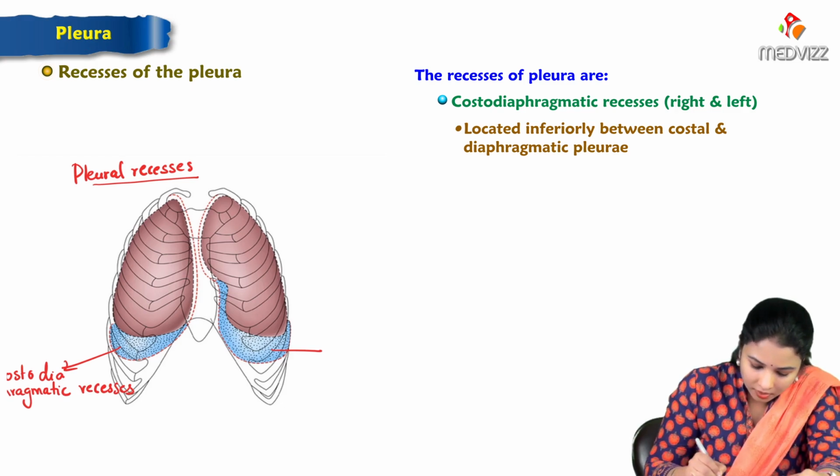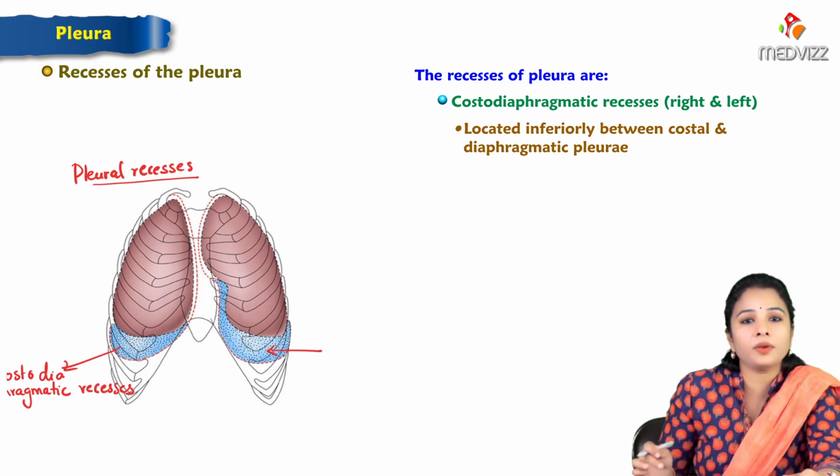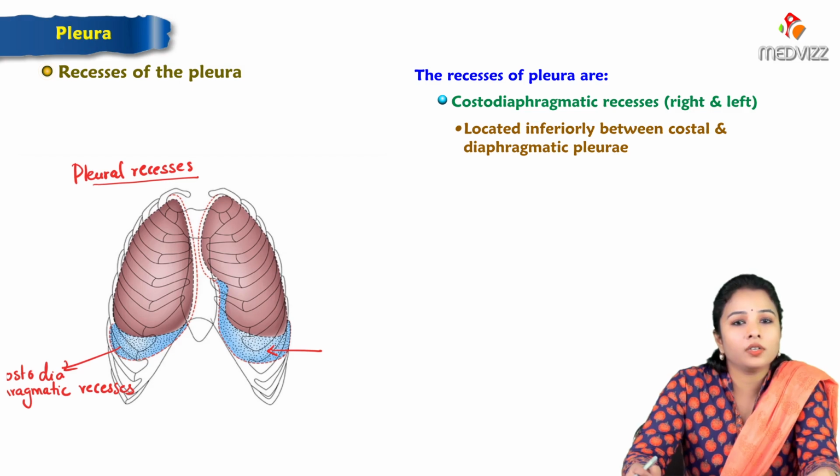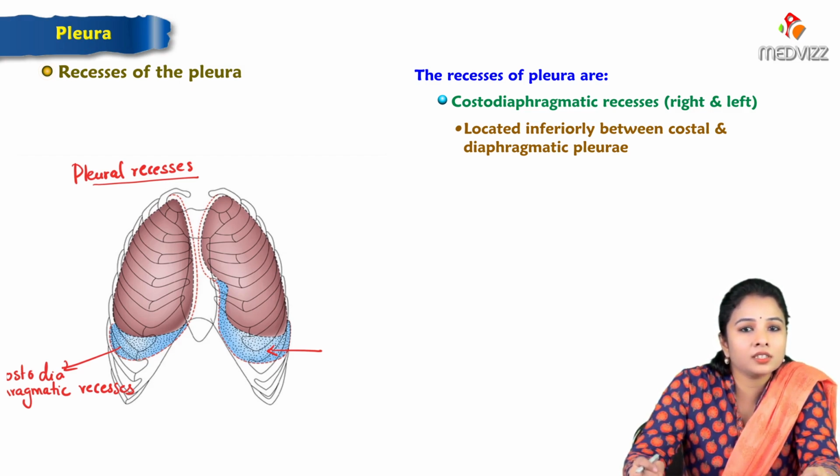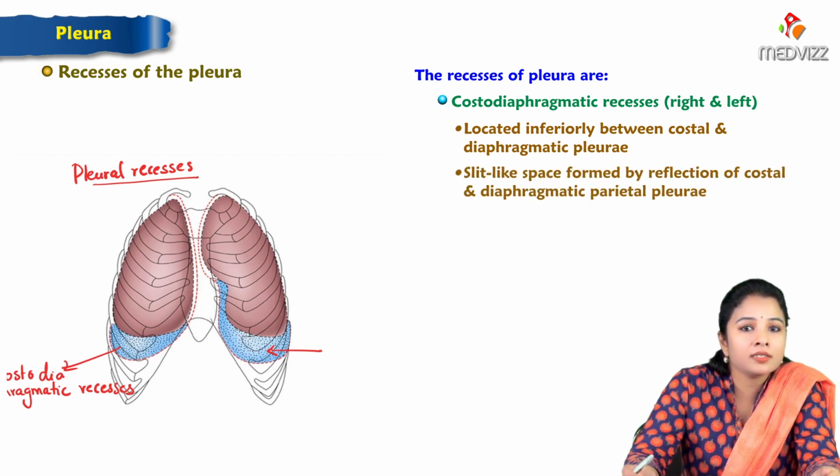So this is one, and this is the other costodiaphragmatic recess. It is a slit-like space formed by the reflection of costal and diaphragmatic parietal pleura.